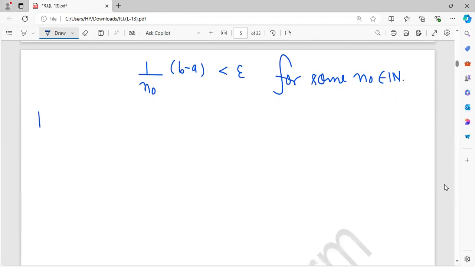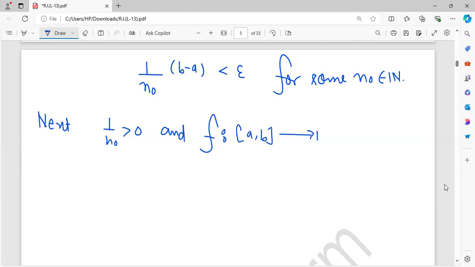Now, next, 1 upon n_0 is greater than 0 and F from closed interval [a,b] to R is uniformly continuous.